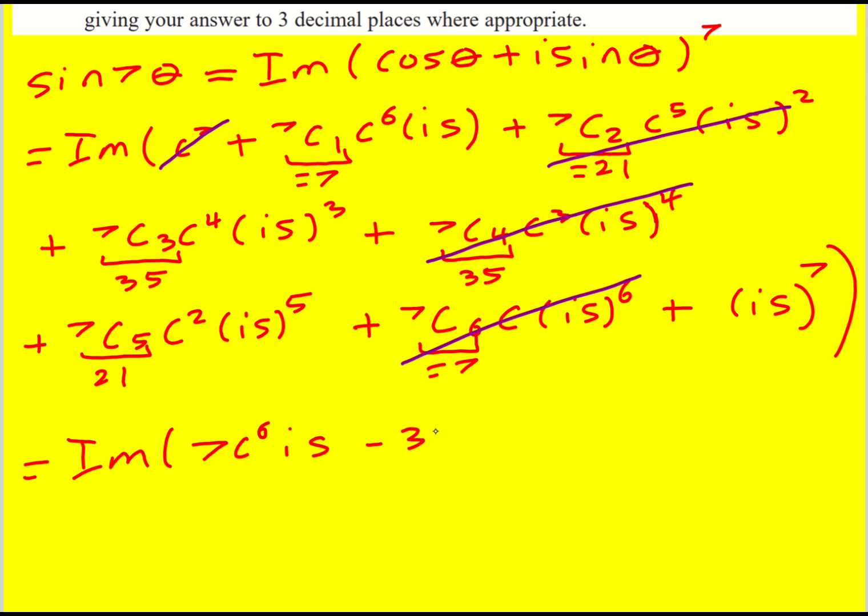So it'll be minus 35 c to the 4 is cubed. And i to the 5 takes us back to i. So it's plus 21 c squared is to the 5. Then i to the 7 is back to being minus i, so minus is to the 7.